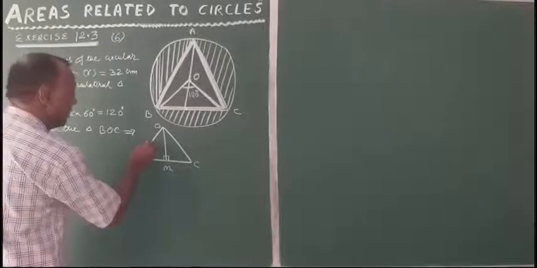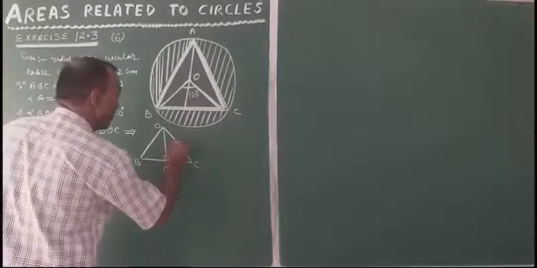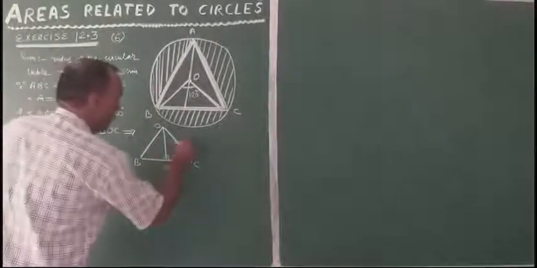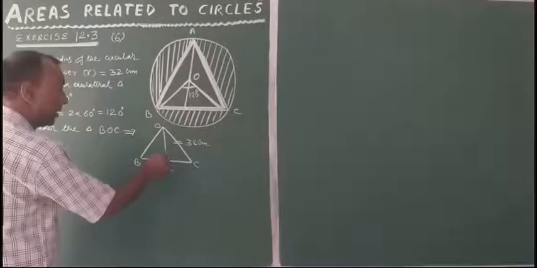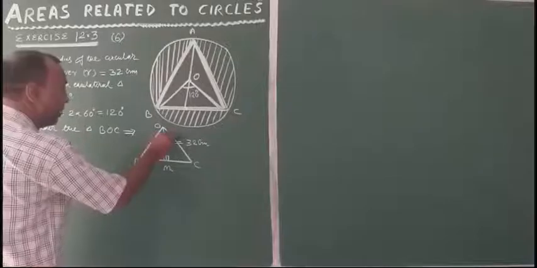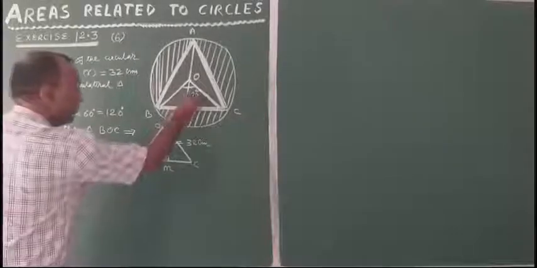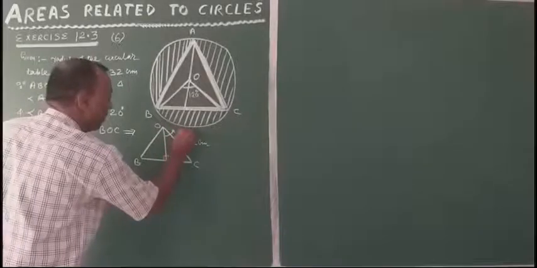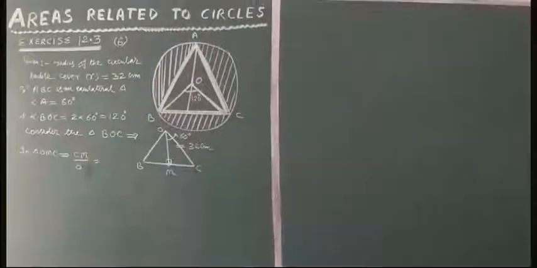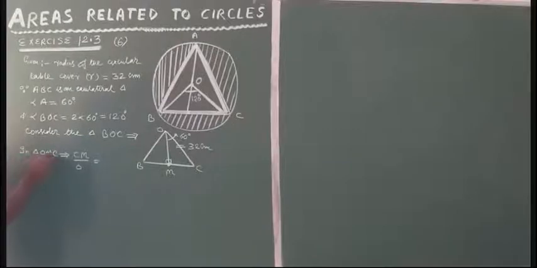The radius is given, how much? 32 centimeter. This angle is 90 and now this angle will be divided. So this is 120 degree, so this will be 60 degree and 60 degree.